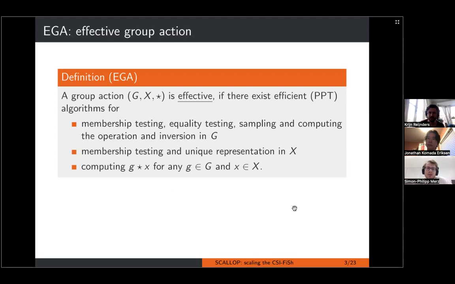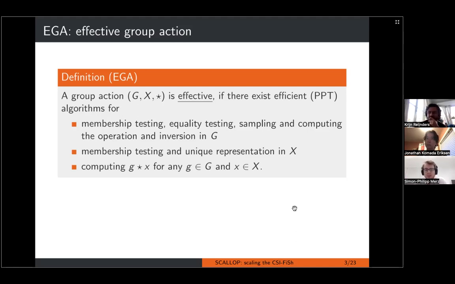So for a group action to be interesting, we might ask for additional properties. So what they called an effective group action is one that comes together with algorithms that are efficient. Efficient means here probabilistic polynomial time. Algorithms for certain operations, namely membership testing, equality testing, and sampling in your group, as well as computing the group operation and inversion in the group efficiently.